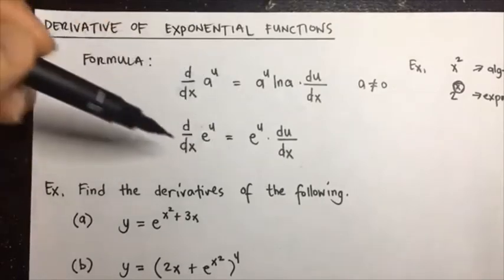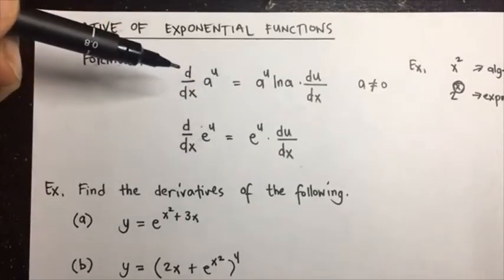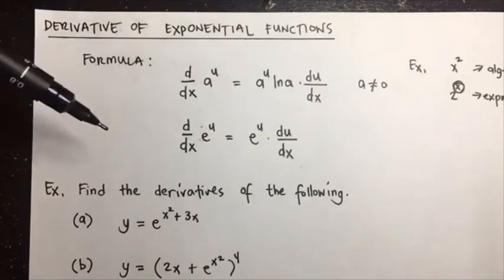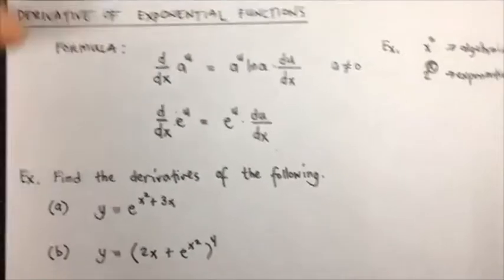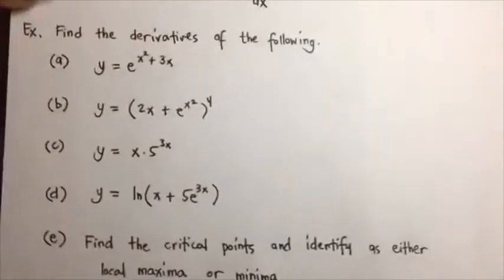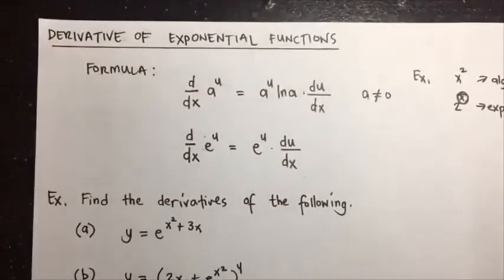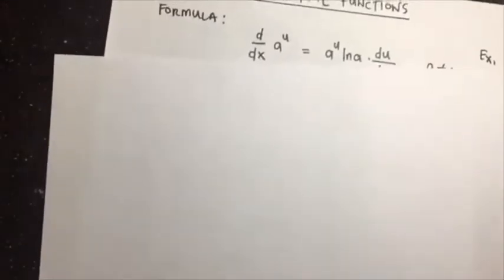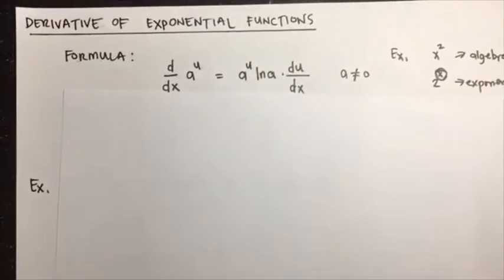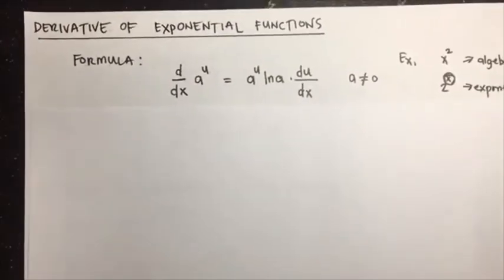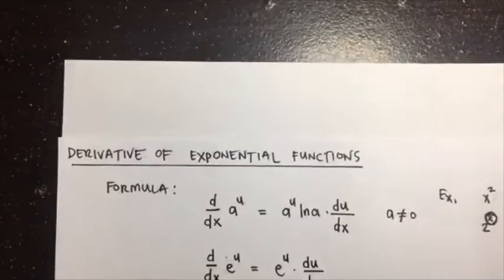Okay, these formulas are actually derived from the derivatives of logarithmic functions. Particularly, it's called logarithmic differentiation. Okay, so let me get another sheet of paper. It's called logarithmic differentiation, where for us to be able to differentiate a function, we will take the natural logarithm of both sides.